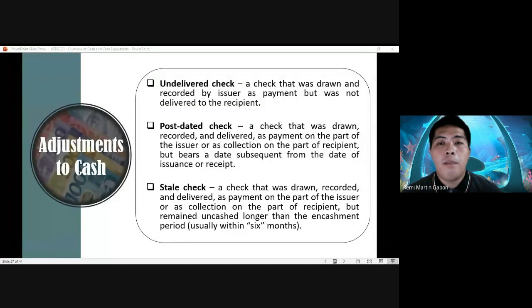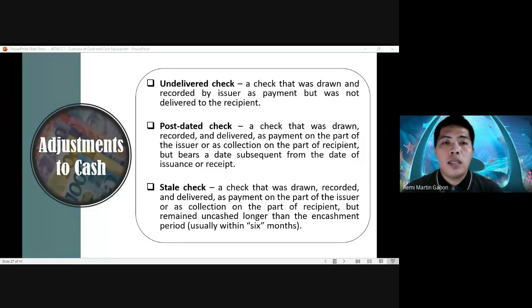Next, we have post-dated check. A post-dated check is a check that was drawn, recorded, but in contrast with undelivered checks, na-deliver yung check na yan. But in contrast again with undelivered check, we have 2 perspectives now with post-dated check and also with stale check later.